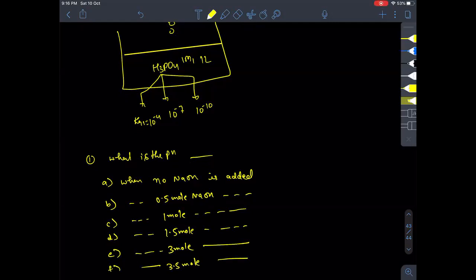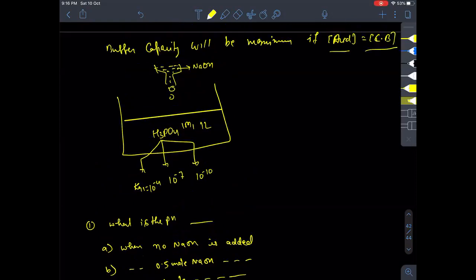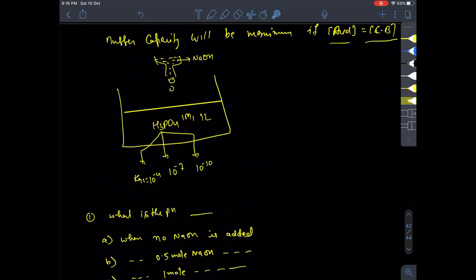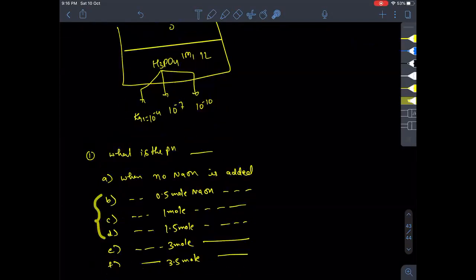I'll tell you a few of them, and do comment with your answers for the first case and the last case. But in between, I'll tell you the cases of buffer, how to solve them, right?